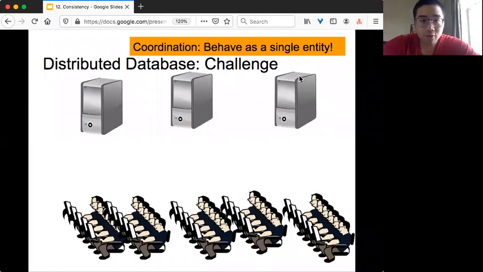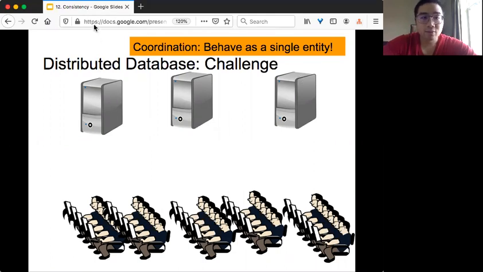Last time we talked about one of the key challenges in distributed databases or distributed storage: we need to do some kind of coordination, because the ultimate goal is that these different machines, different servers, should behave as a single entity.